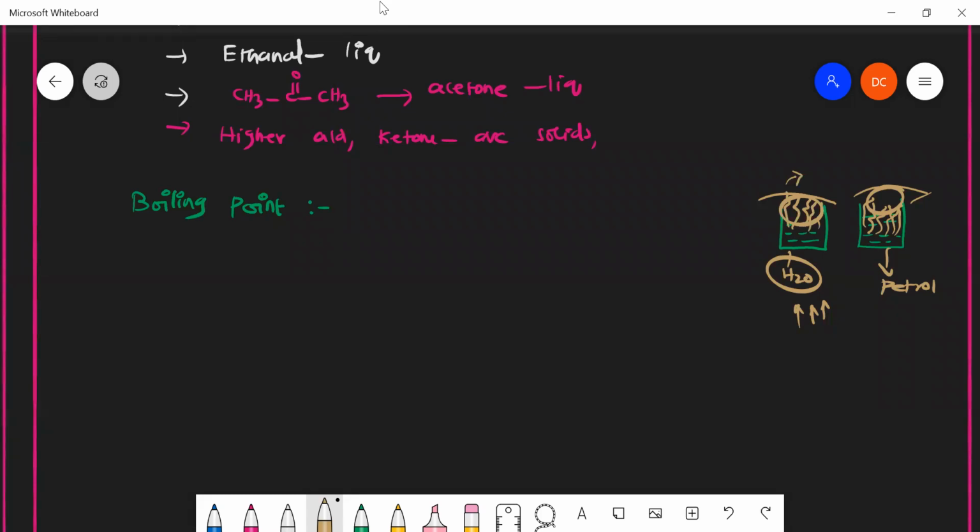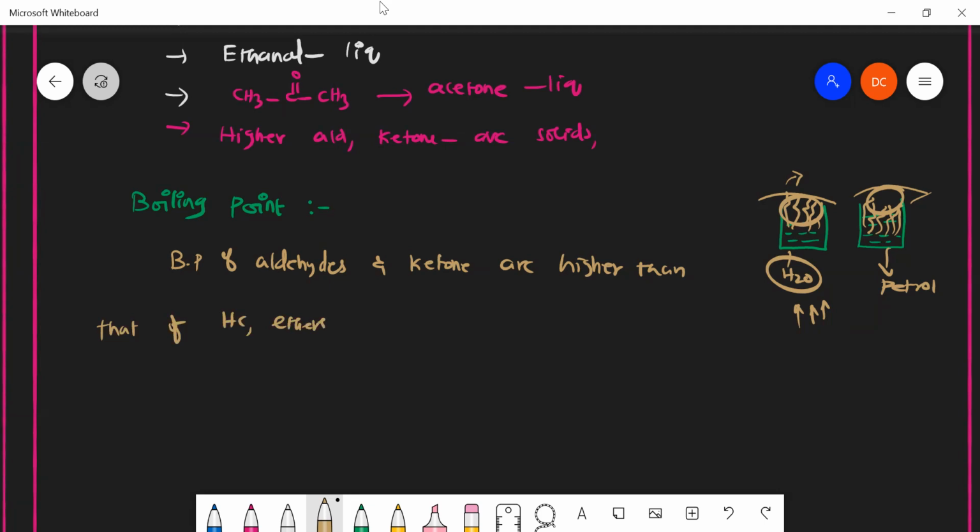And here, the boiling points of aldehydes and ketones are higher than those of hydrocarbons, ethers, etc. At the same time, the boiling point of alcohol is higher than that of aldehydes and ketones.